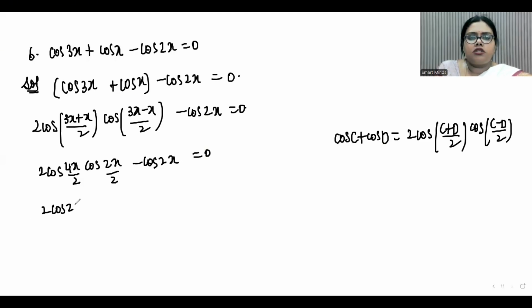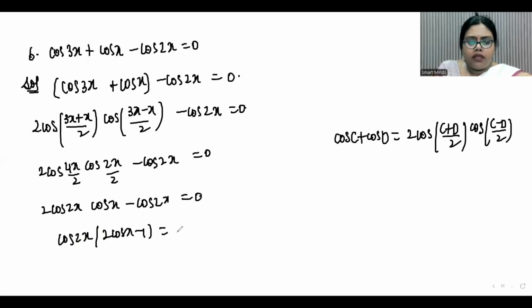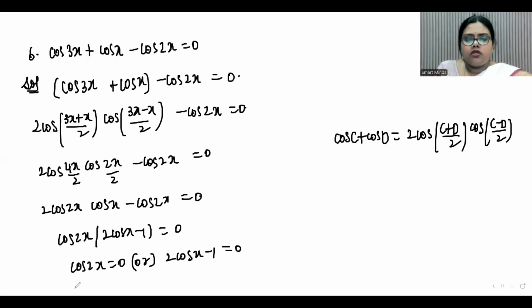So 2 cos 2x cos x minus cos 2x is 0. So if we take cos 2x common, we will get cos 2x into (2 cos x minus 1) is 0. So either cos 2x is 0 or 2 cos x minus 1 is 0.